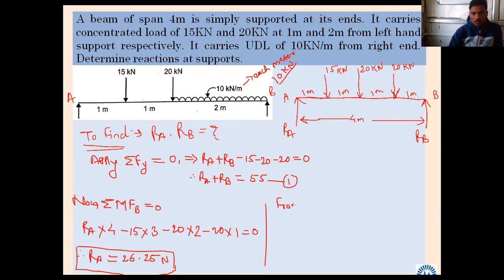From equation 1, RB equal to 55 minus RA. What is the value of RA? This value of RA is 26.25. So RB equal to how much? 28.75.